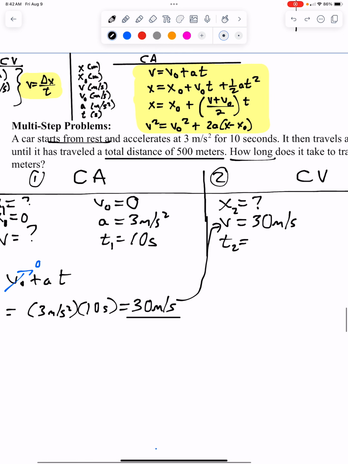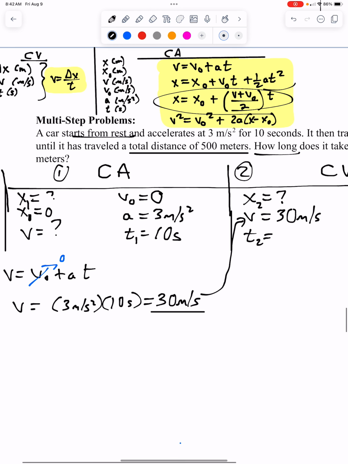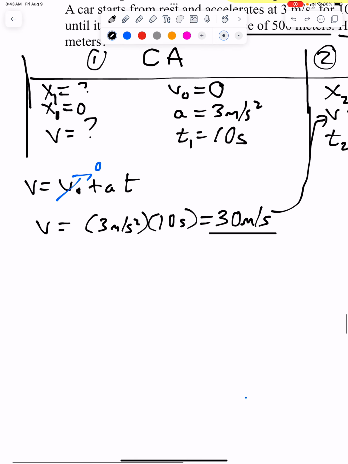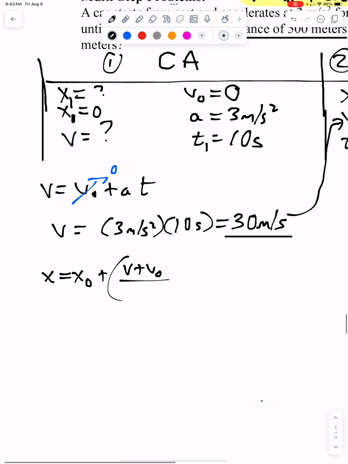Well, to do that, we can use either this one or this one, because we've got the final and initial velocity and time. I'm going to go ahead and use the third one. It's a little bit quicker. So we have x equals x naught plus v naught over 2 times t. And the reason I say it's quicker is because a lot of stuff usually cancels in this equation.